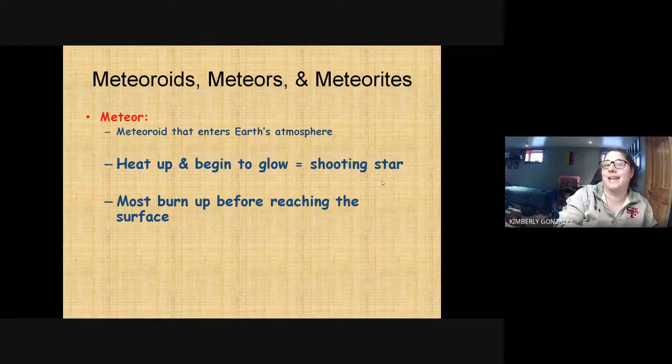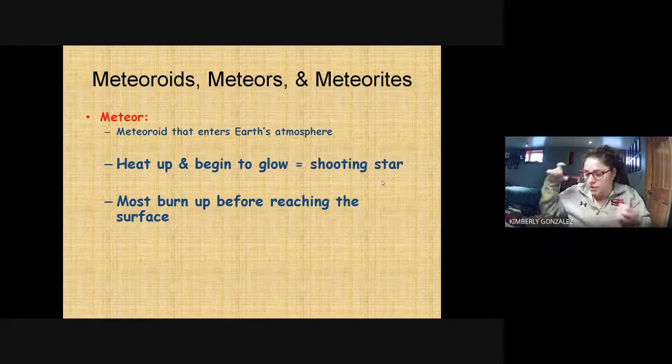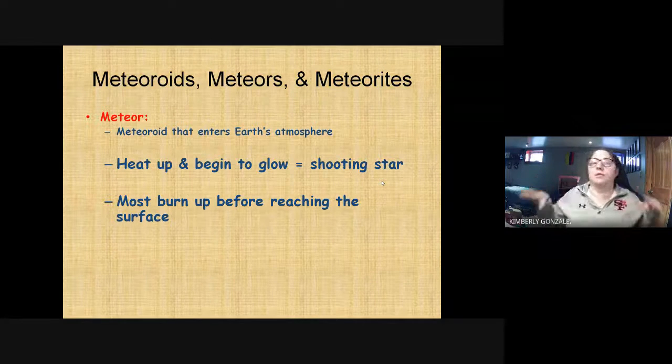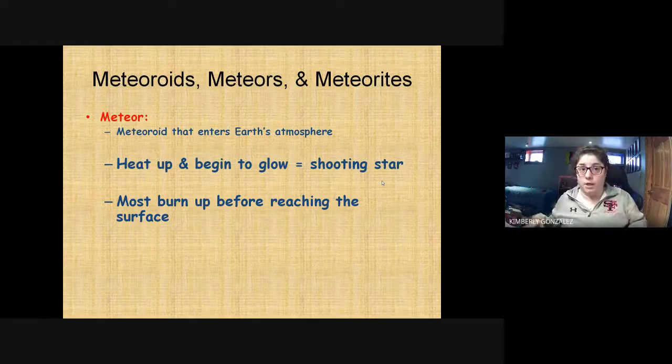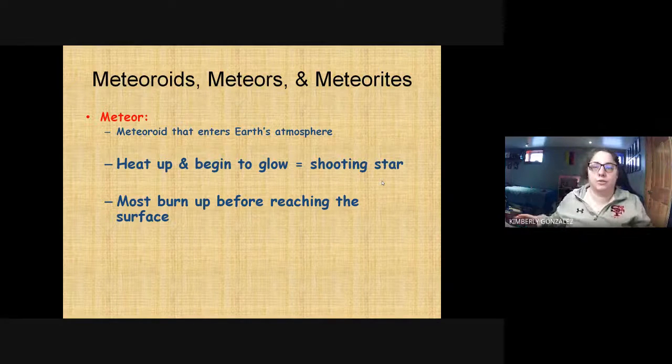In order to stay classified as a meteor, it has to burn off before it hits us. If it touches the surface of the Earth, then it is no longer considered a meteor. A meteor completely burns up, not a danger to us in any way, shape, or form.